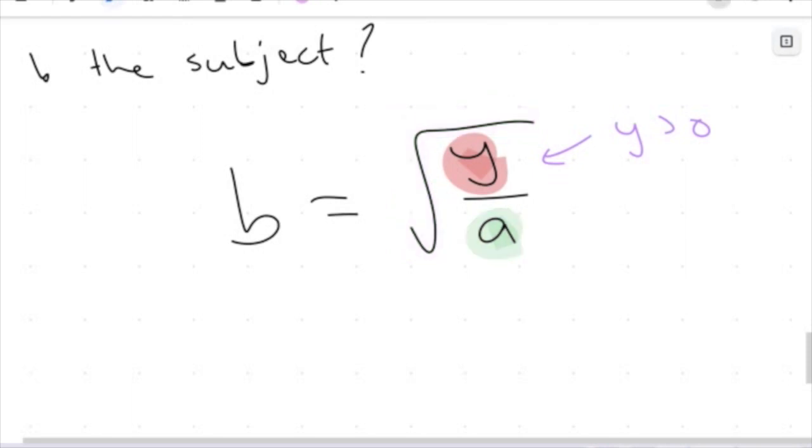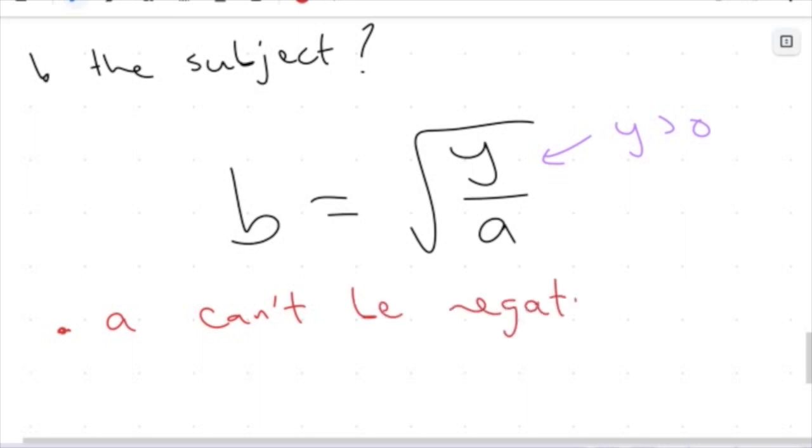It's not going to give us a proper answer. So one thing we're going to note down is that a can't be negative. This is one particular restriction that arises when we restrict y to just be bigger than 0. For y just being bigger than 0, it has an effect on a as well.